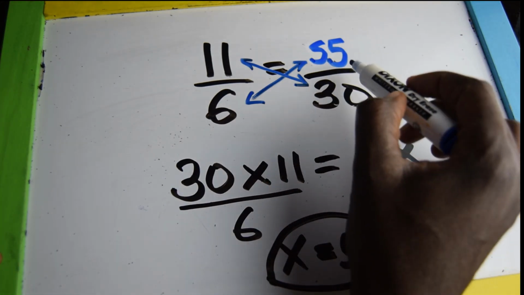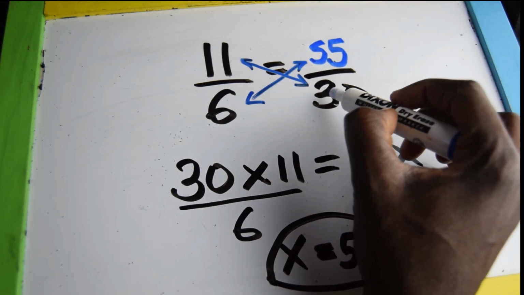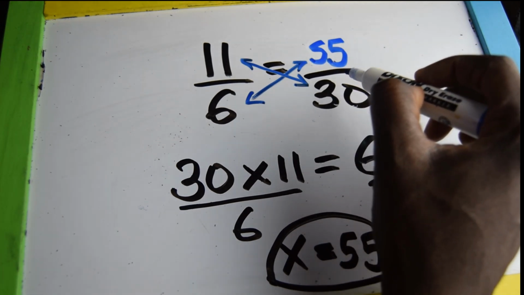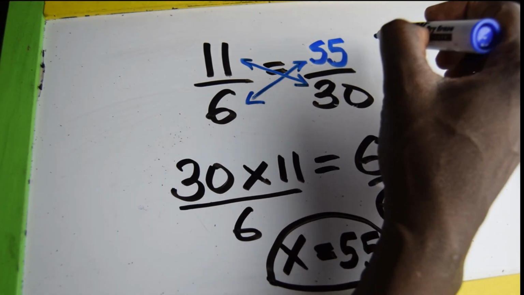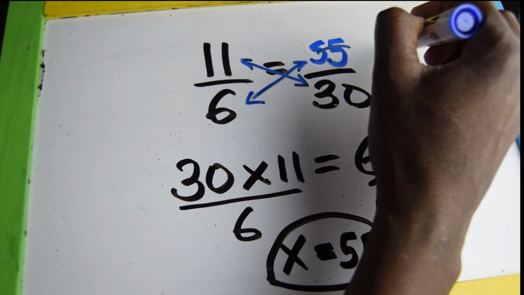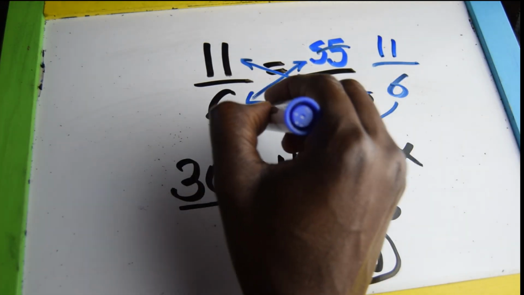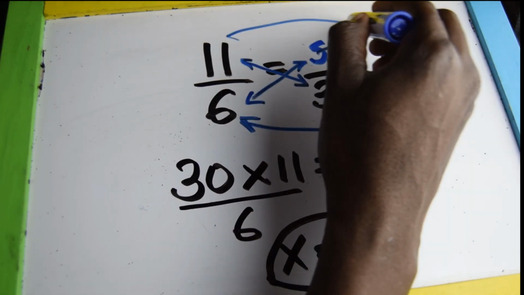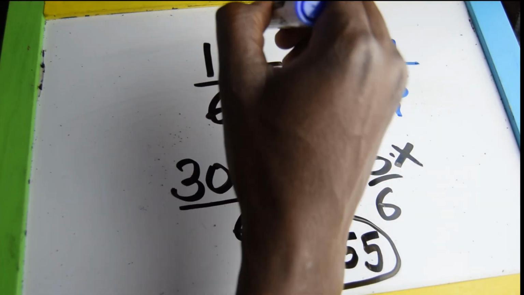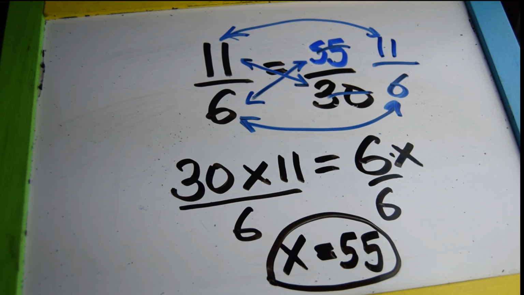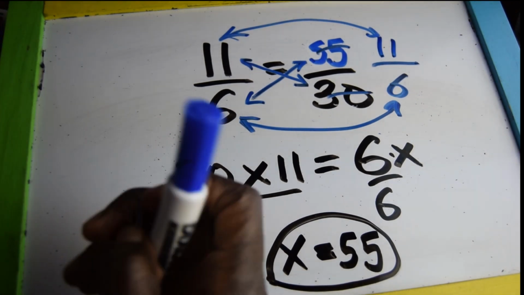What's common between 55 and 30? 5 can divide 55 eleven times, and 5 can divide 30 six times. So this 6 and that 6 are the same, and that 11 and that 11 are the same. That means the answer is correct. So it checks out.